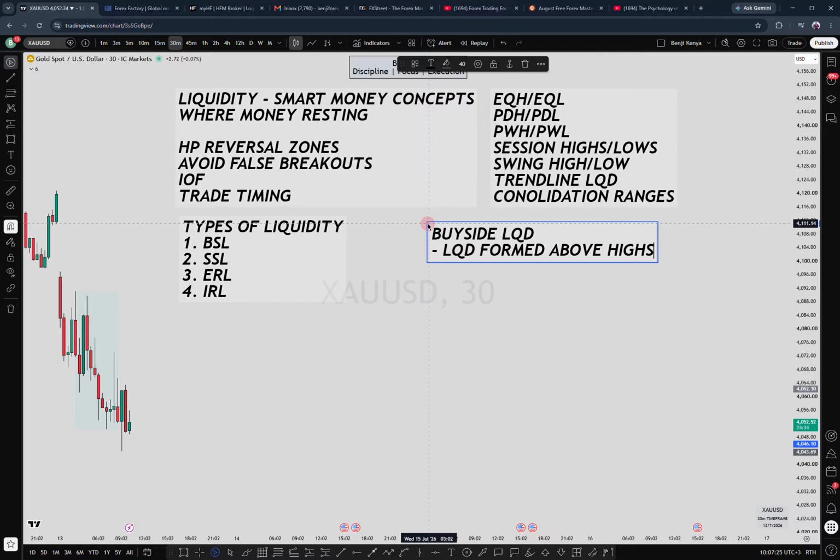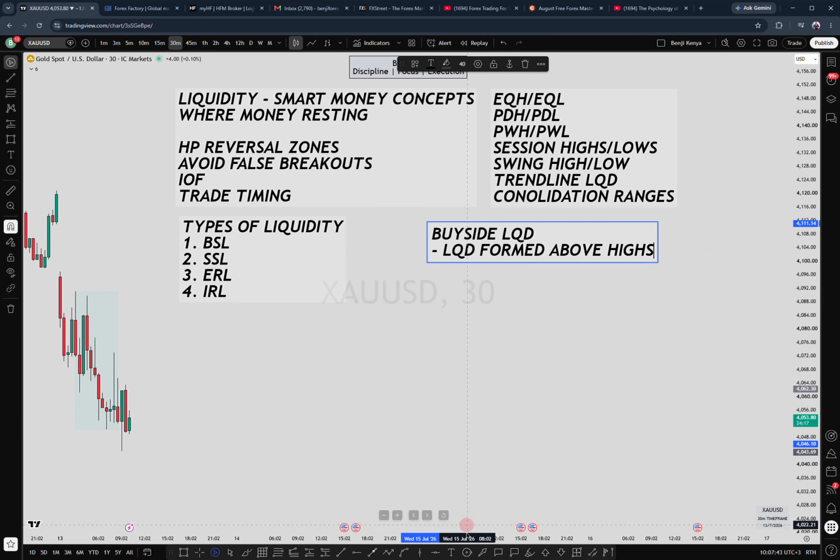And where can we find this liquidity formed above highs? We have equal highs, previous highs, swing highs, trendline resistance. Institutionals often push prices above these levels to trigger buy stops before reversing.